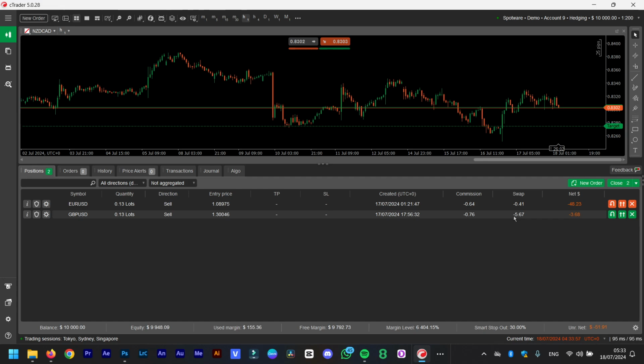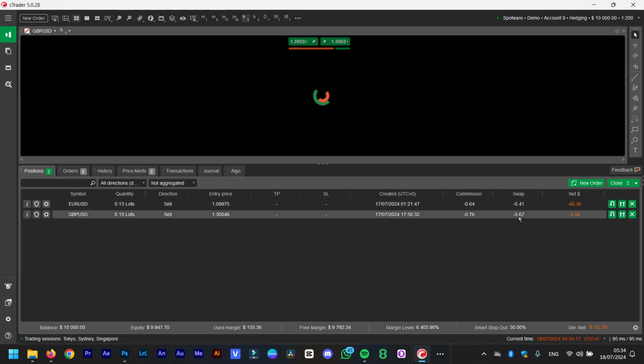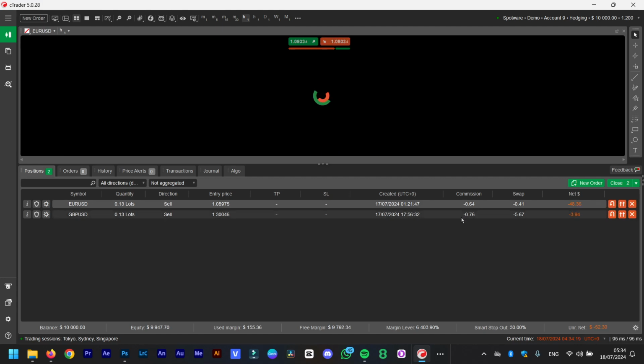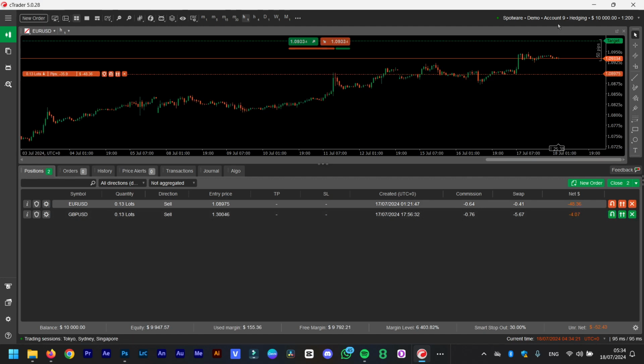We need to be careful with it, because this might seem like just a little, only $5 a day, no problem. Yes, but in a worst case scenario, if the chart goes against you for months or even years, you could literally lose all of your money just from negative swaps, paying the broker, and nobody tells you that. That's messed up, but I'm telling you.